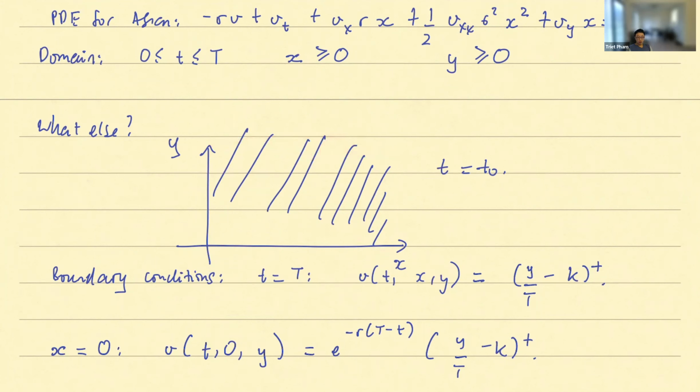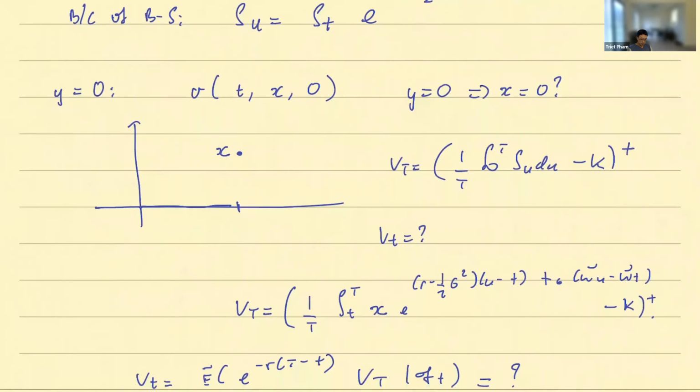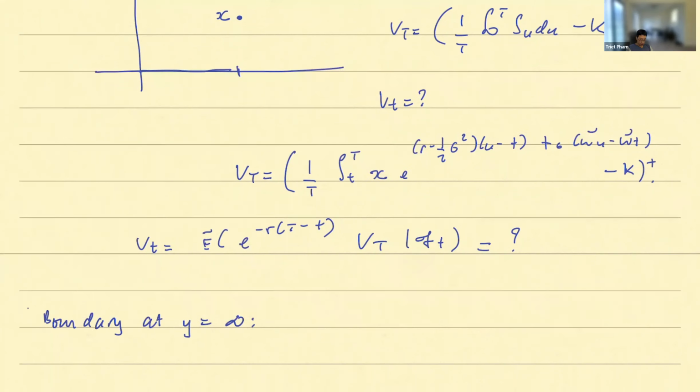So how do we circumvent this? We circumvent this by something a little bit bizarre, but it's not that strange once you think about it. Instead, you put the boundary condition at y equal to infinity. Okay.